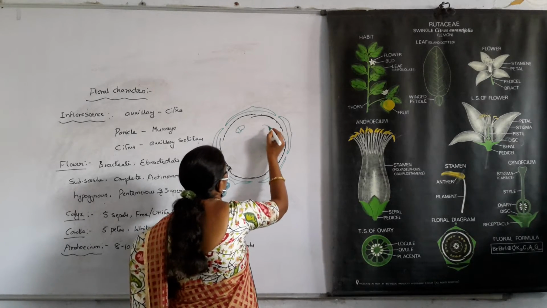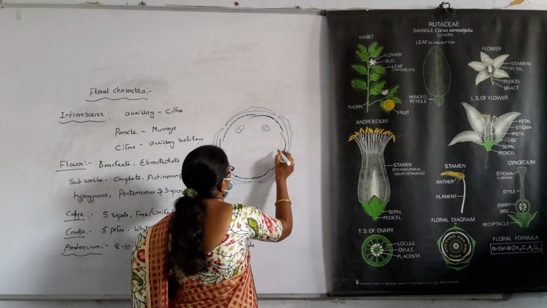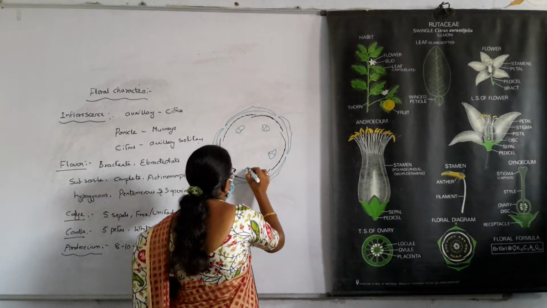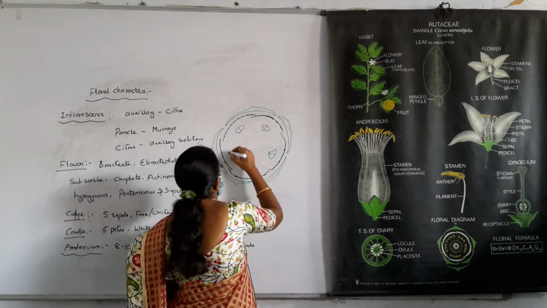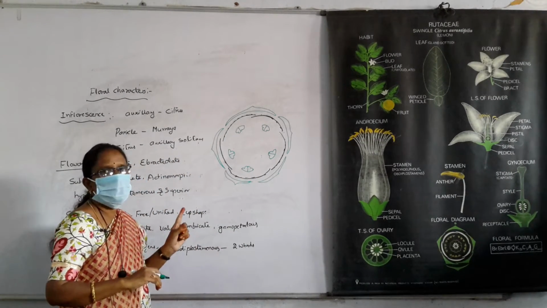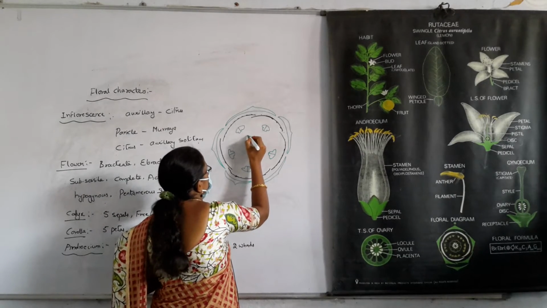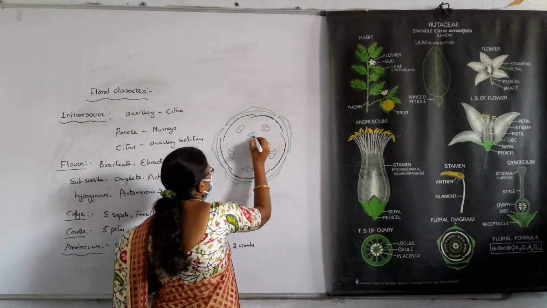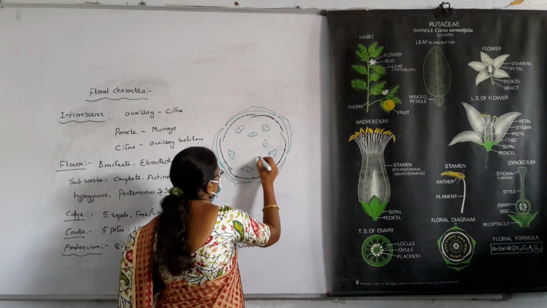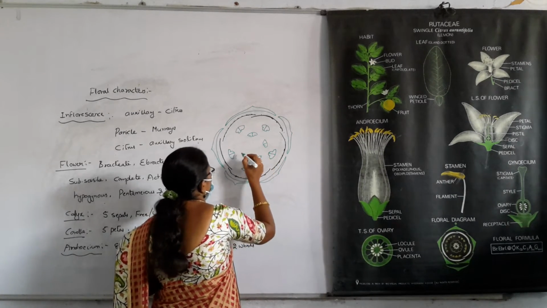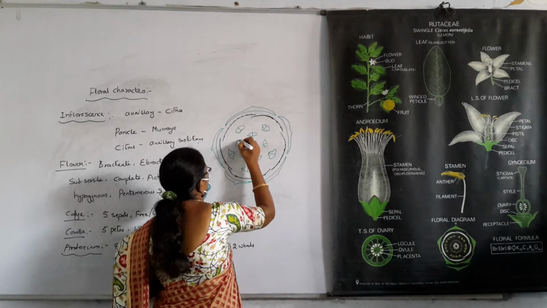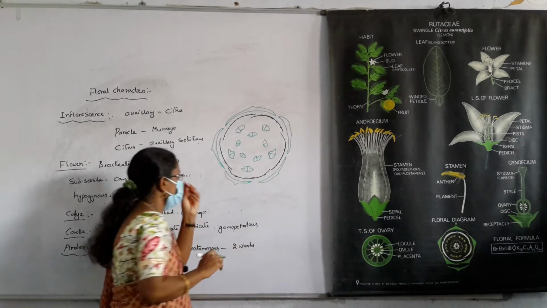One, two, three, four, five. These outer whorl stamens are opposite to the petals, and the inner whorl stamens are alternately arranged to the outer whorl stamens, opposite to the sepals.